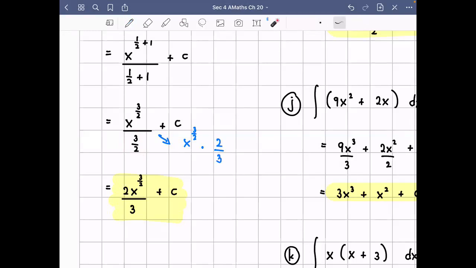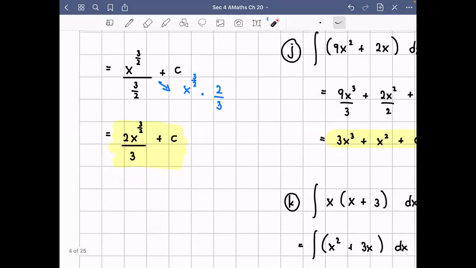That's how we divide fractions: we multiply and get the reciprocal of the denominator. Reciprocal means you just switch their places. So your denominator becomes your numerator and vice versa. When you simplify this, you get 2x raised to 3 over 2, over 3.